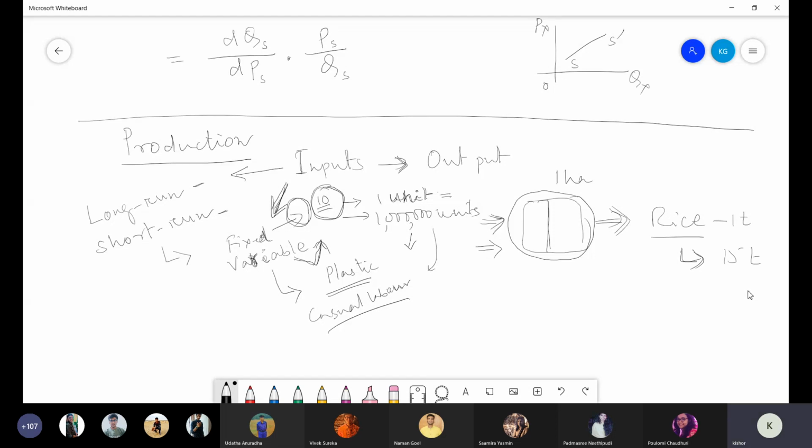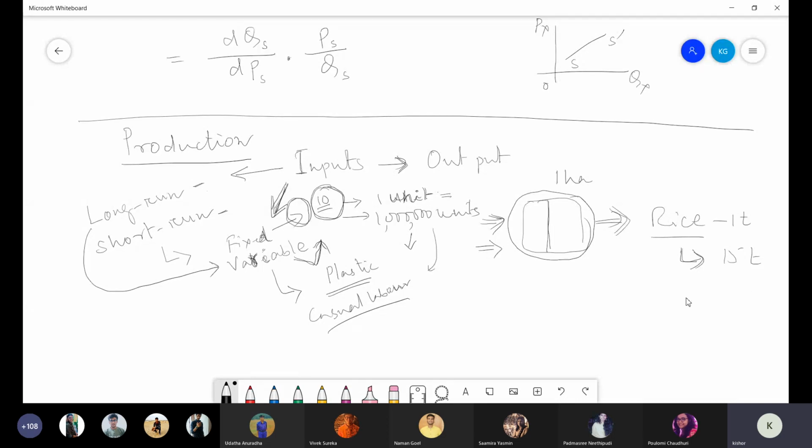The number of permanent staff may change. In the short run it is not changing, but the number of permanent labor may change even in my factory if I consider a 20-year time period. The number of machines may change too. So all of your inputs will be variable if the time period is long. So in the long run, you will have only variable input, no fixed input.